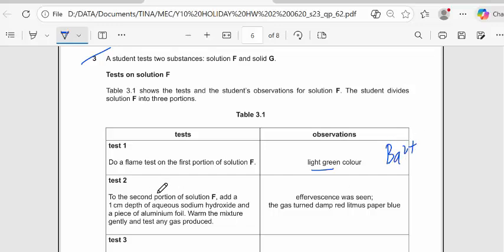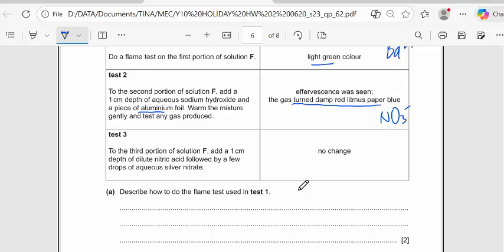To the second portion, add aqueous sodium hydroxide with aluminium foil. Warm the mixture. Gas turns red litmus blue. So you already know this is nitrate lah. Okay, so it's barium nitrate. To the third portion, add 1 centimeter of nitric acid followed by silver nitrate.